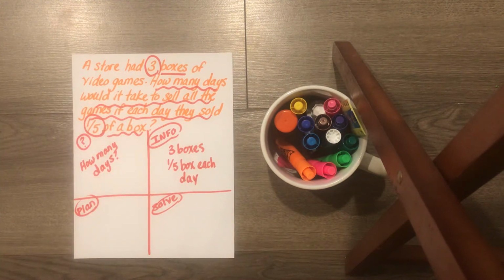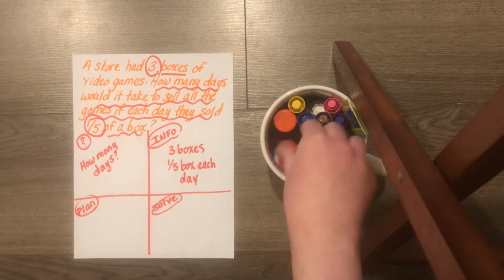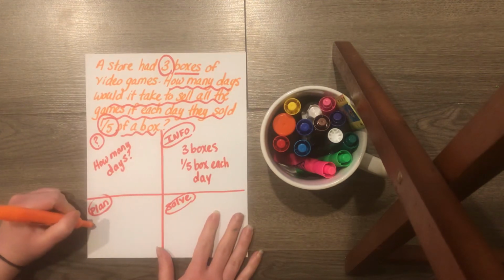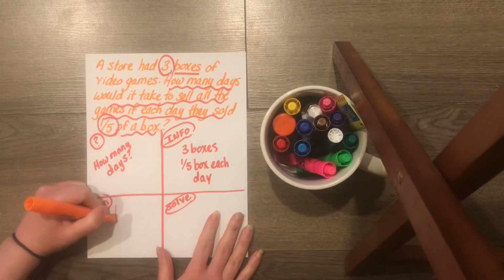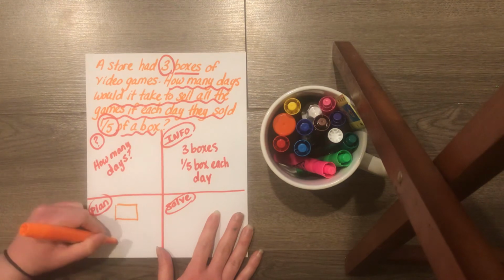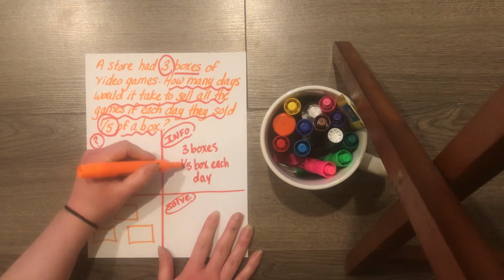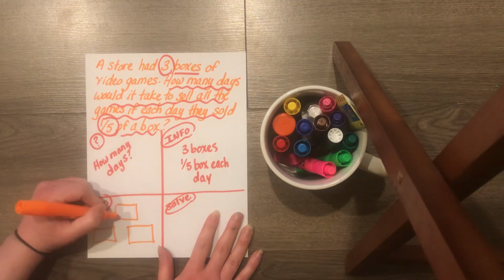And so that means, let's take a look at my plan. Somehow I am going to have to create a picture so that I can visualize this problem. So I have 3 boxes, right? So I'm going to draw 3 boxes. And they want to sell 1/5 of the box each day.